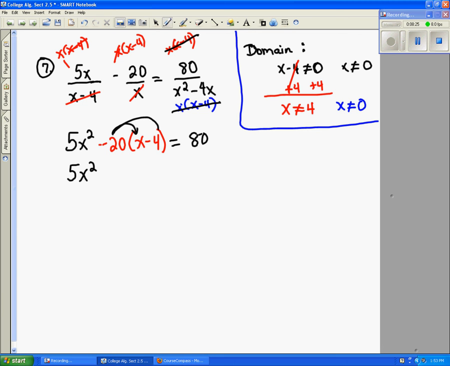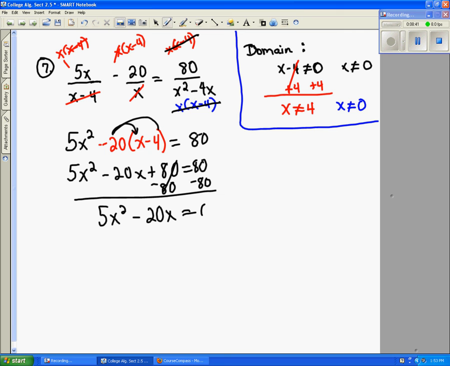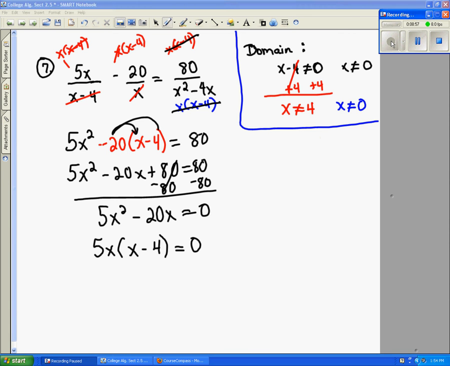5x squared minus 20x plus 80 equals 80. Subtract 80 from both sides, and so we have 5x squared minus 20x equals 0. So now we want to look at this. We want to factor a 5x out of each of them. This has a 5x in it, and this has a 5x in it, so we're left with 5x times x minus 4 equals 0.